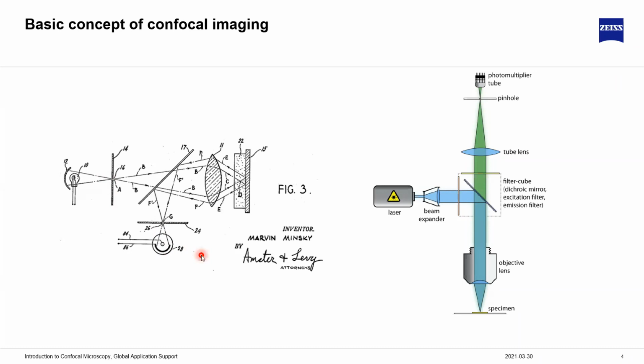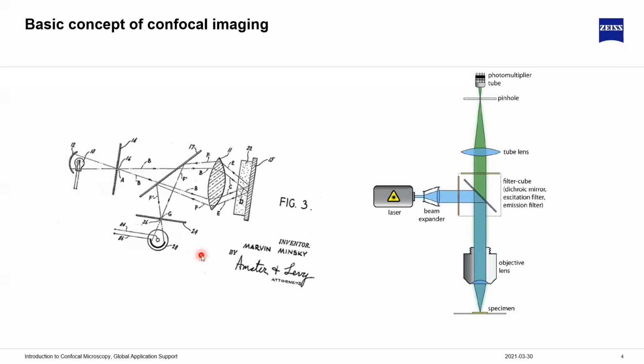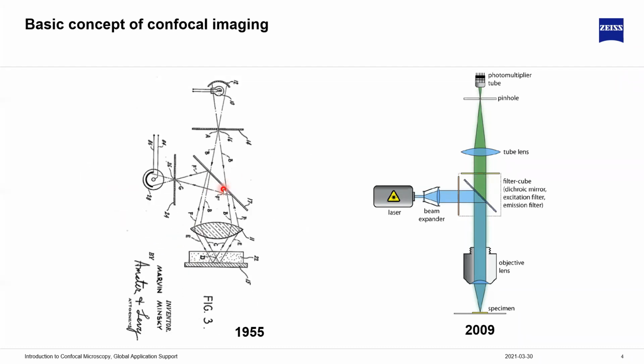So if you look closer, if I just turn this image a little bit upside down, you will see that the basic concept of the confocal microscope didn't really change from the 50s until now. The only difference is that we nowadays use laser light as a light source, so we don't need a pinhole. The light is small enough, but basically the rest has stayed the same.